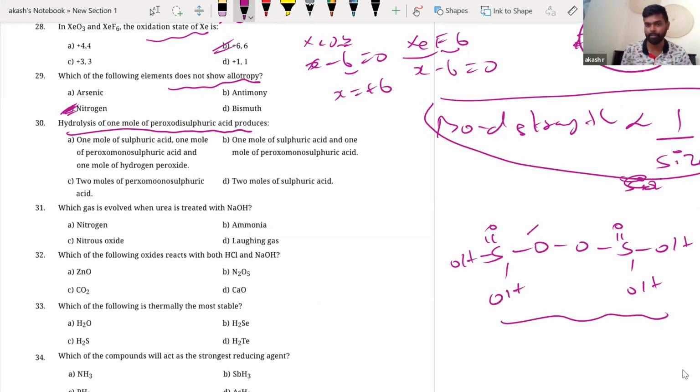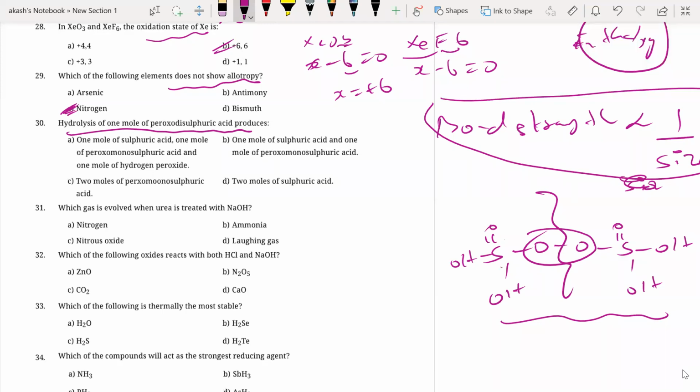This is the structure. Now when I go for hydrolysis, I will break this peroxide bond. First of all, let me count: 1, 2, 3, 4, 5. Only 5 bonds are there.